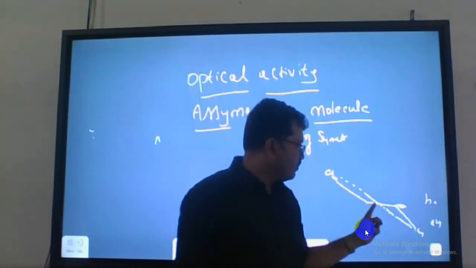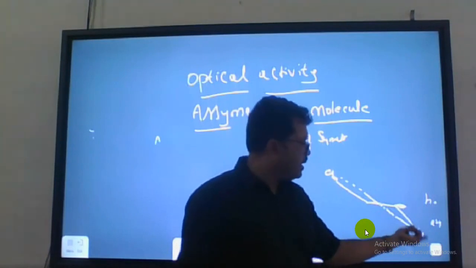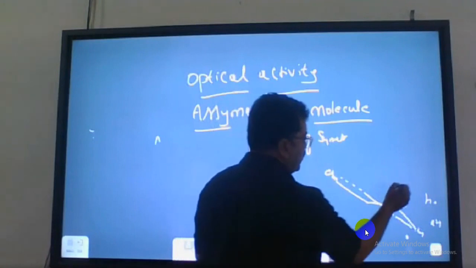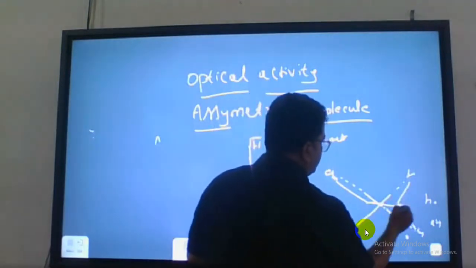A line from the center which meets the same atom at equidistance from the center is called what?